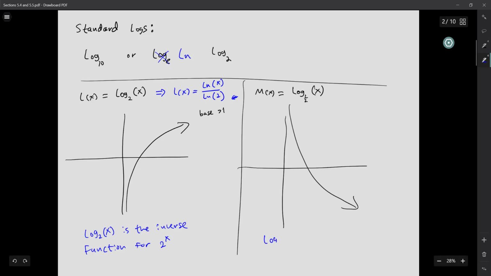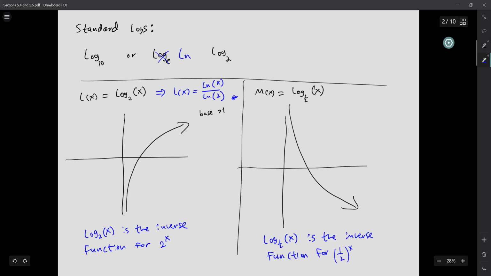And this log base 1/2 of x is the inverse function of, well, let's keep the words the same, for 1/2 to the x. And we'll spend a lot of time using these as inverses of each other in the next week when we do 5.6. And then everything after that is just applications of these types of functions.